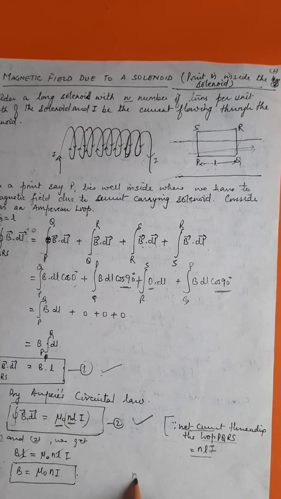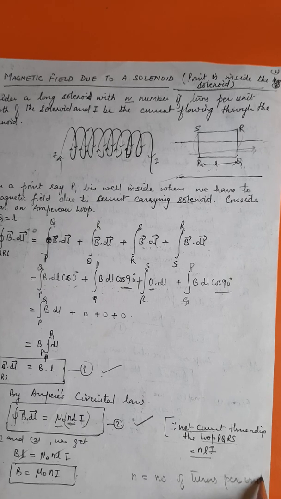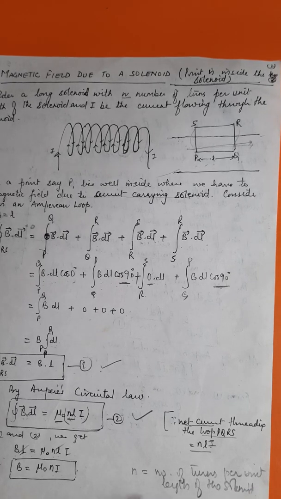Keep in mind that n is the number of turns per unit length of the solenoid. In some questions, instead of n, the total number of turns may be given along with the length of the solenoid.